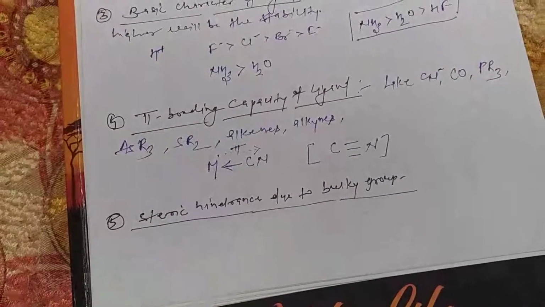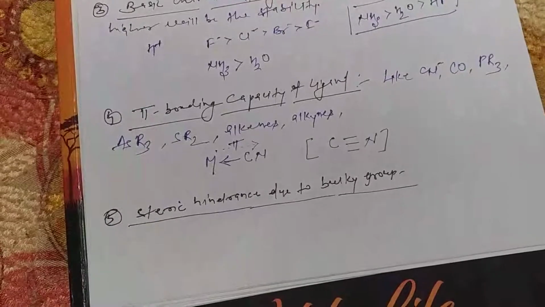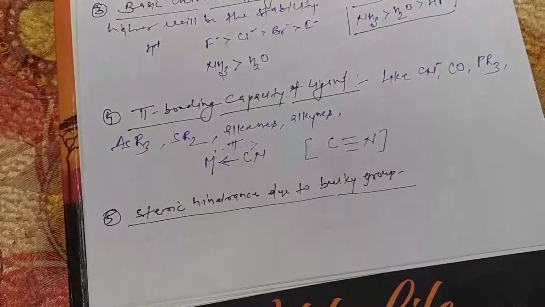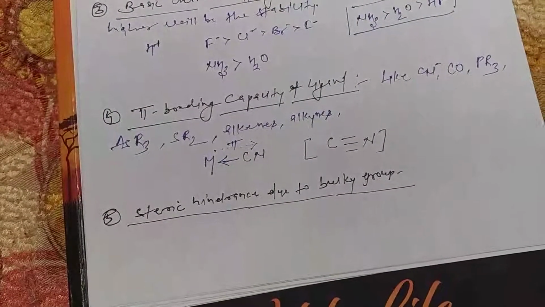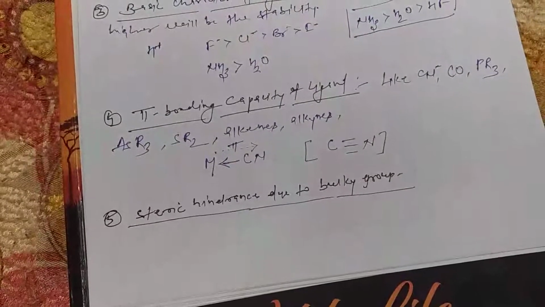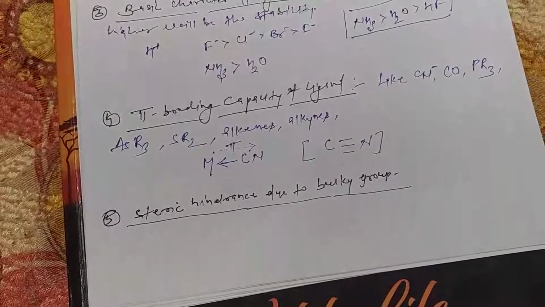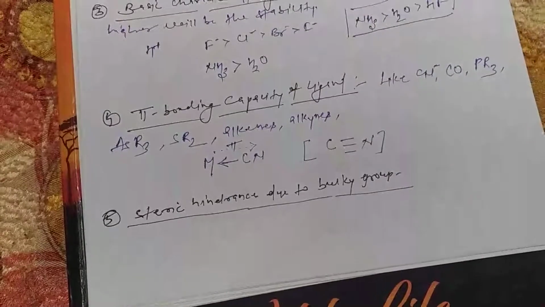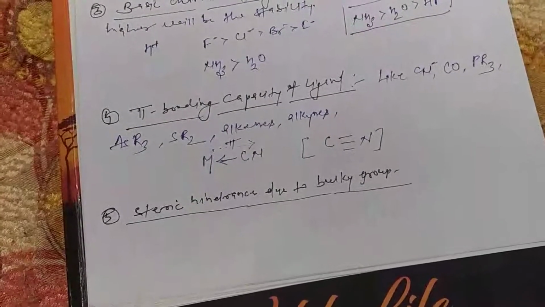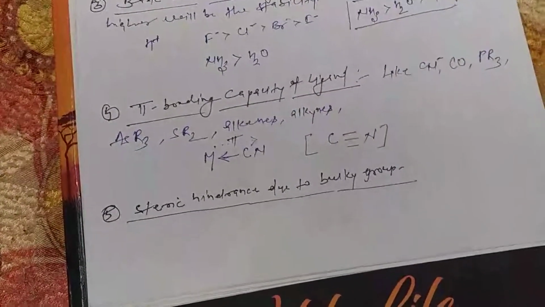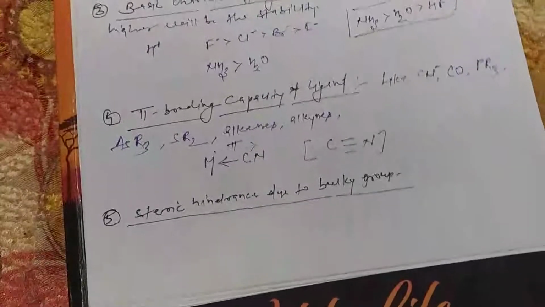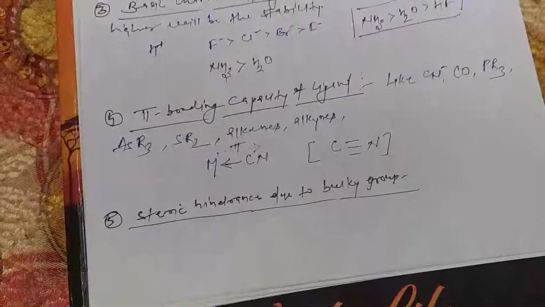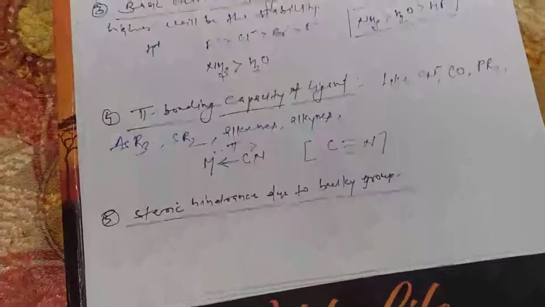Repulsion between the donor atom of the ligand and the bulky group is produced, and this repulsion will weaken the metal-ligand bond. Hence the complex will be less stable. So bulky groups always form a less stable complex.